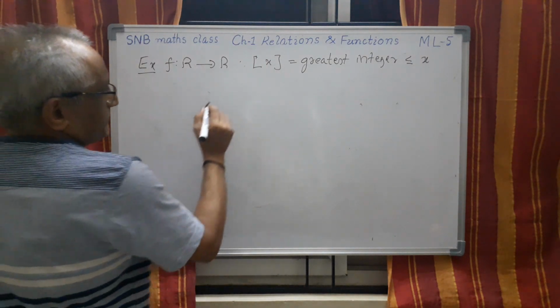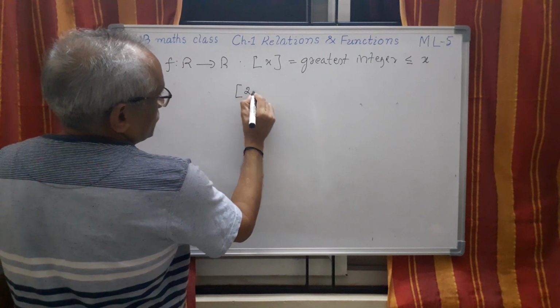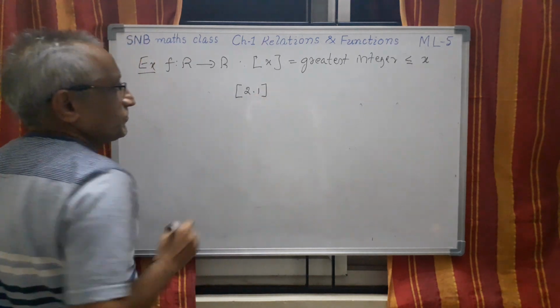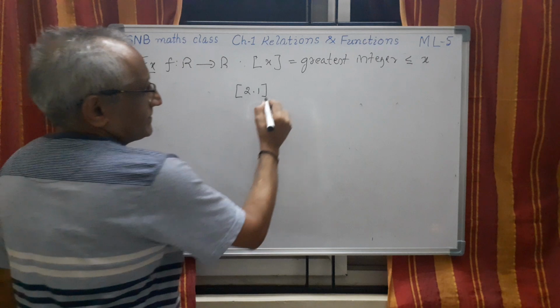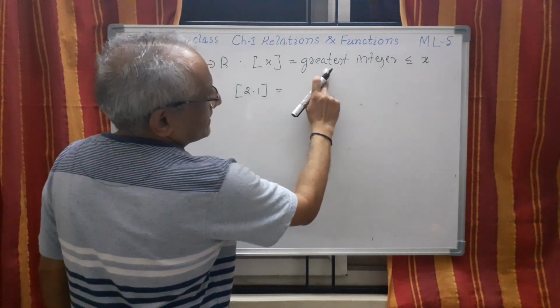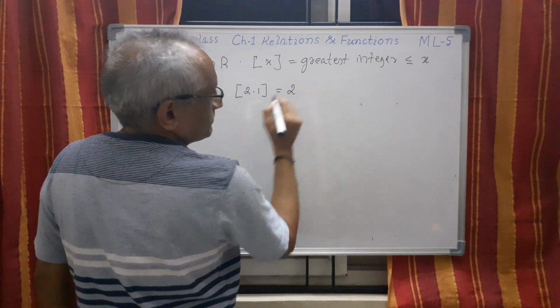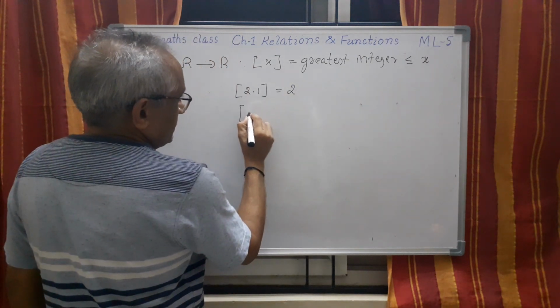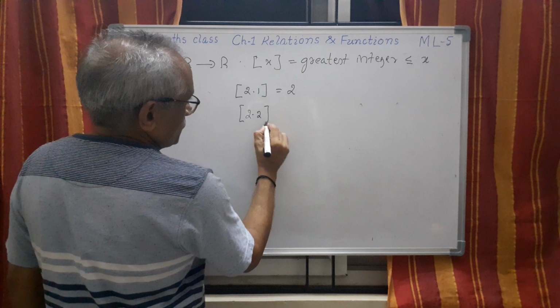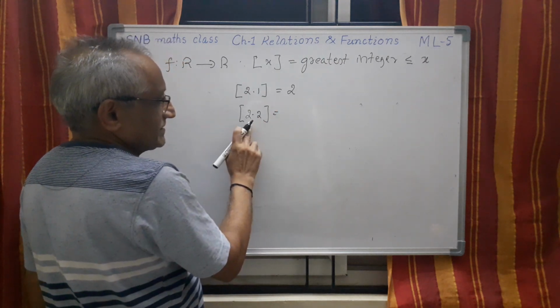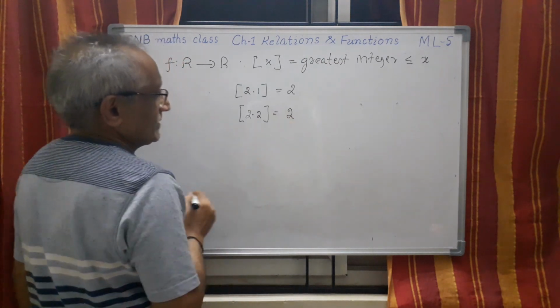For example, if you take say 2.1, then this equal to, apply this condition, greatest integer less than 2.1 is 2. Similarly, if you take 2.2, greatest integer less than 2.2 is once again 2 only.